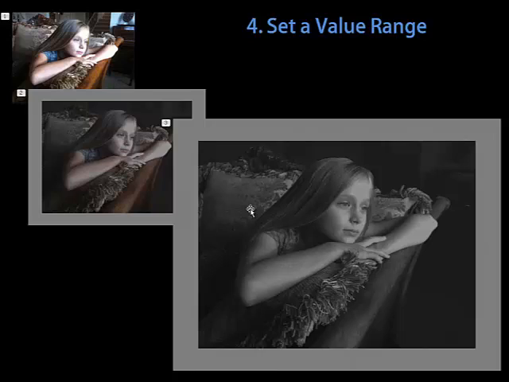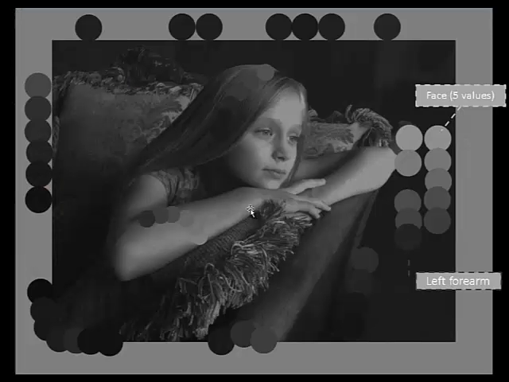And so I set a value range, and this is very important because you can paint willy-nilly into a painting without having any idea what your values are going to be, and it's really going to fail. Honestly, if your values cannot read in black and white, they will never read right in color. So moving down to the next slide, I want to show you something here. Now, putting it back into Photoshop, it looks like I just went crazy with a brush or something, a circle brush.